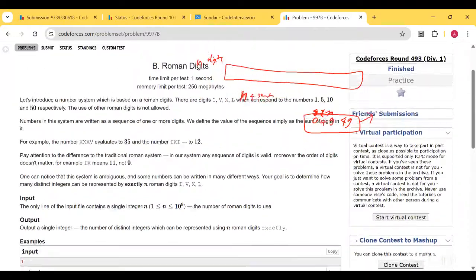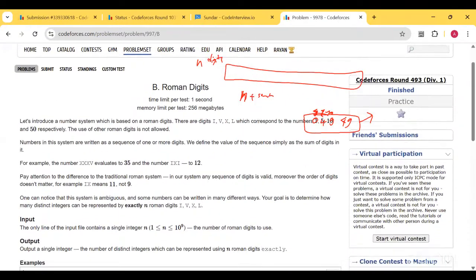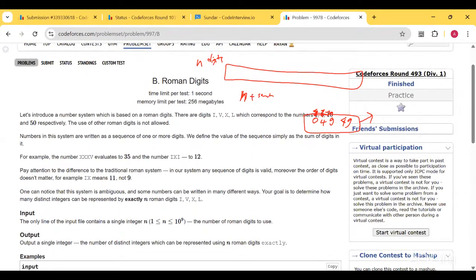And then after we know this observation, there is another observation like this.